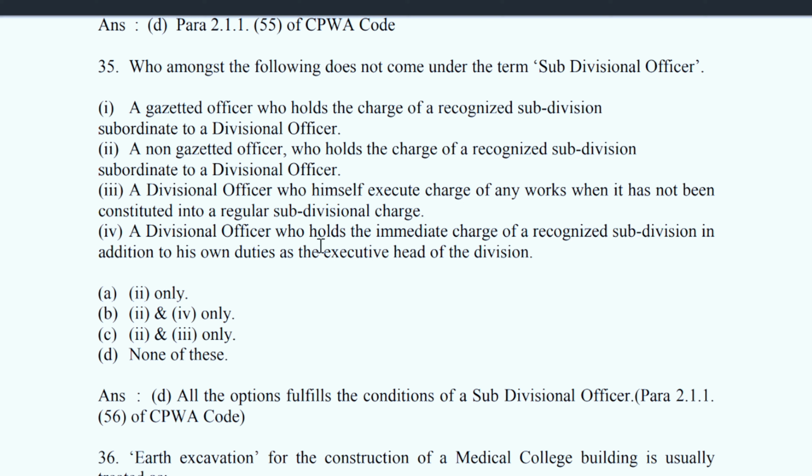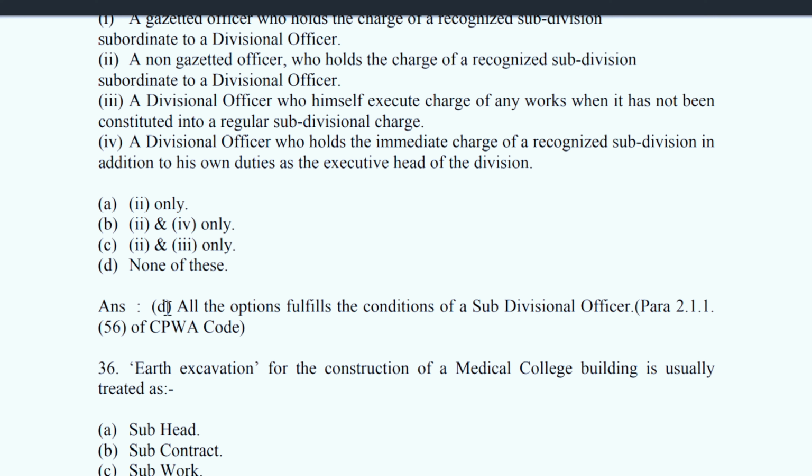A divisional officer who holds the immediate charge of a recognized subdivision in addition to his own duties as the executive head of the division. So the answer is D, none of these. All the options fulfill the conditions of the subdivisional officer.